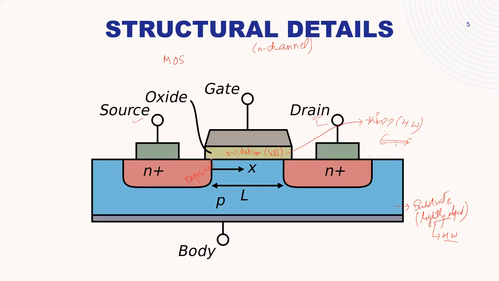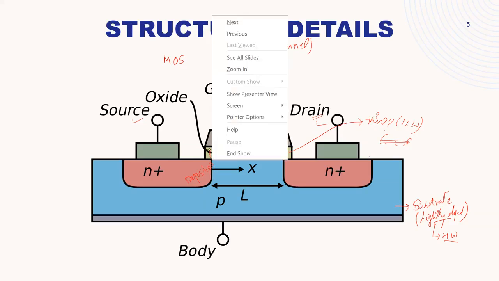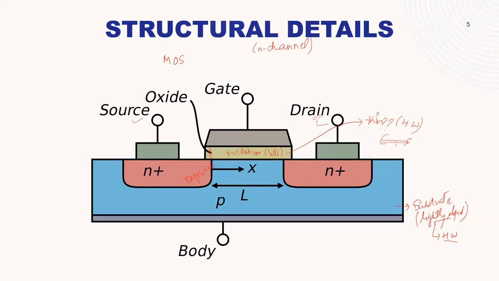But can anybody think, you would have never seen an oxide chipped off completely? It's not completely removed. There is always some part of it intersecting with the source and drain. You would have never seen that.